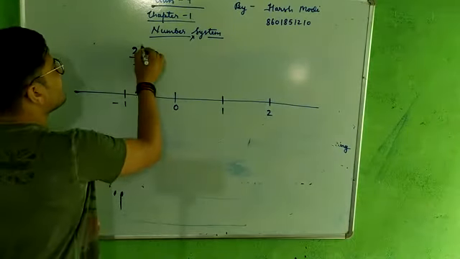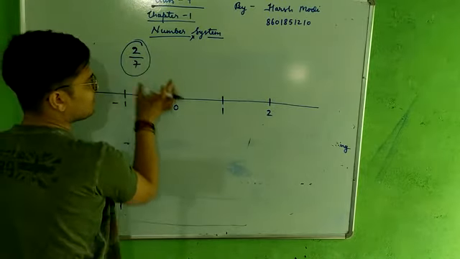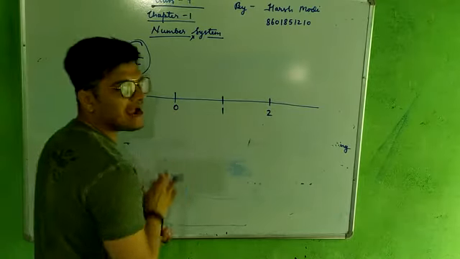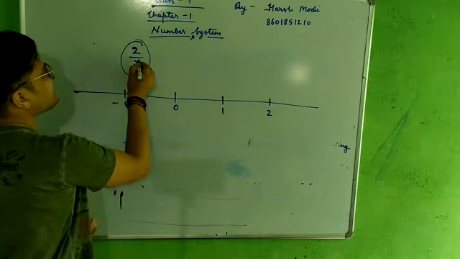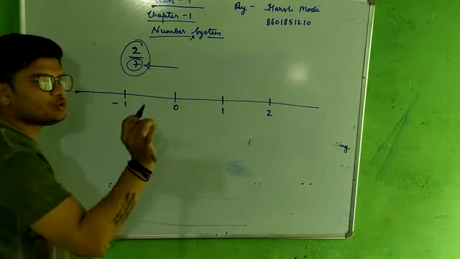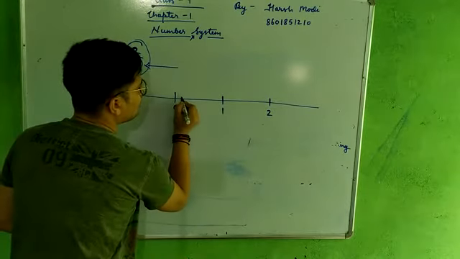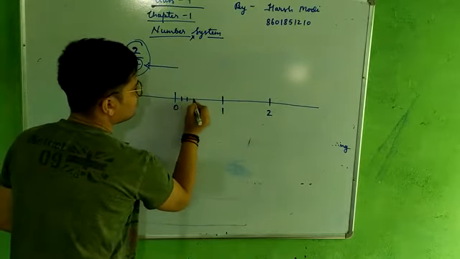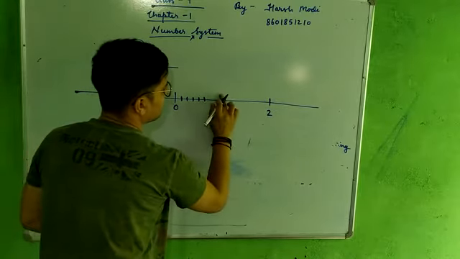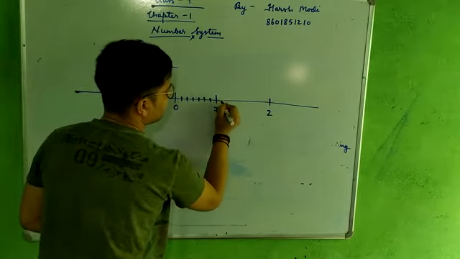This fraction is less than 1, so the rational number will be in the middle of 0 and 1. We look at the denominator first, which is 7, so we make 7 equal parts between 0 and 1: 1, 2, 3, 4, 5, 6 and 7.